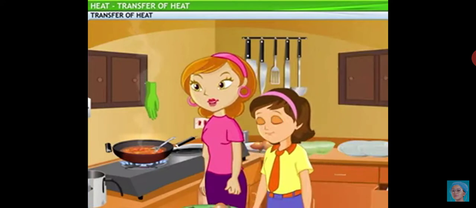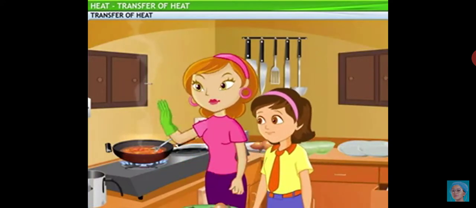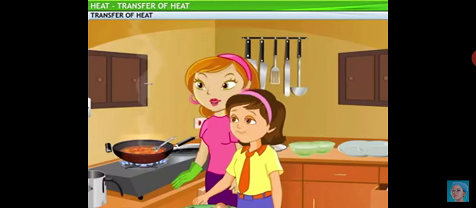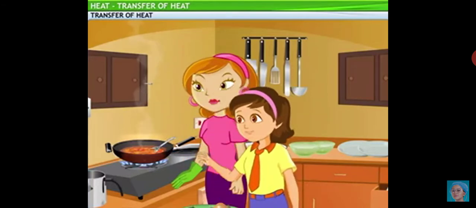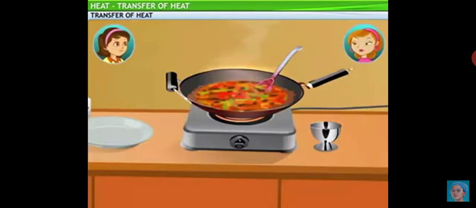And why do you think I'm wearing a glove to hold the spoon to stir the stew? Oh, I guess the spoon is hot. Let me check. Careful. You'll burn yourself. Ouch! I can see that's getting quite warm. Yes, the heat from the stew as it cooks gets transferred to the spoon that I'm using to stir it.